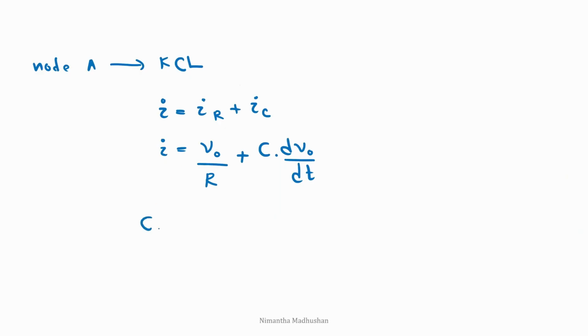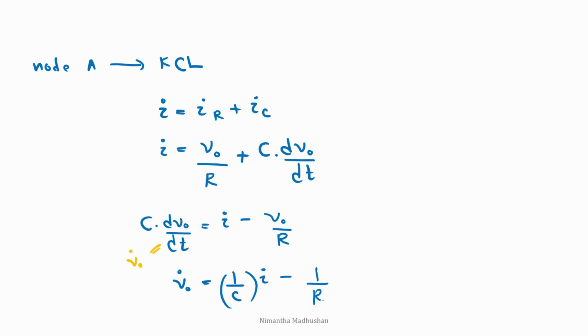Then we can write C times dVout over dt is equal to I minus Vout over R. dVout over dt is equal to Vout dot. Then Vout dot is equal to 1 over C times I minus 1 over RC Vout. This is the second differential equation.